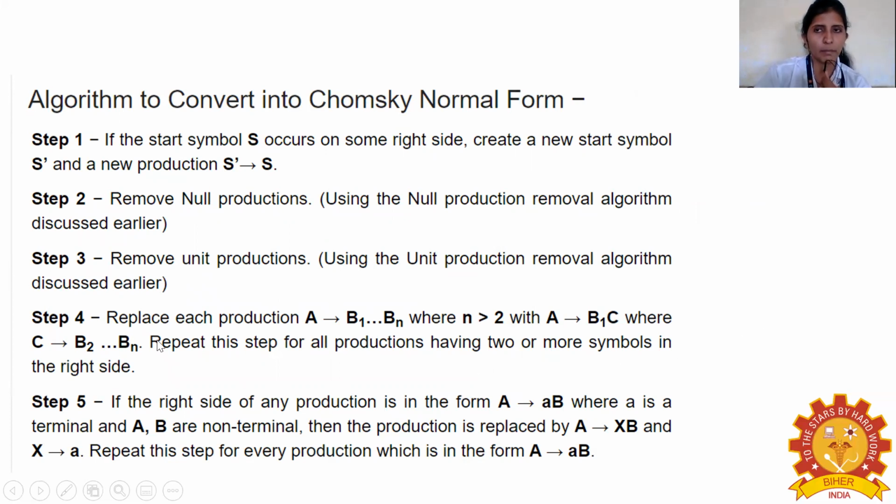In step 4, we replace each production A to B1 B2 up to Bn, where n is strictly greater than 2, with A to B1 C, where C goes to B2 up to Bn. We repeat this step for all the productions having two or more symbols on the right side. In step 5, if the right side of any production is in the form A to aB, where a is a terminal and B is a non-terminal, then the production is replaced by A to XB and X to a. We repeat this step for every production in the form A to aB.